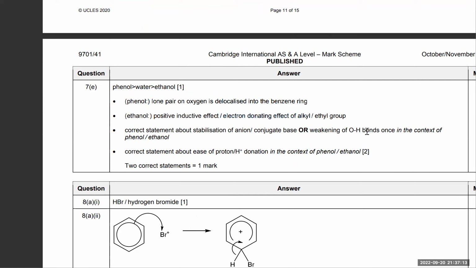We did comment on that, and it's just 3 marks, so we pretty much got 3 marks there. The fourth point is about the ease of proton loss, or the attraction of H plus 1 ions. The same two correct statements equal 1 mark. I don't know what that means, but it's pretty much the same answer.